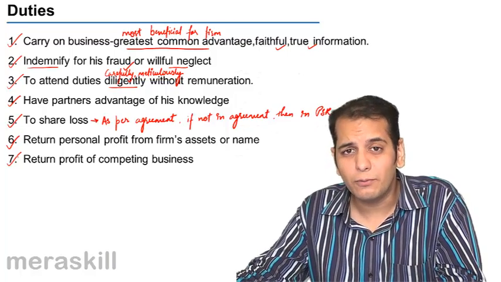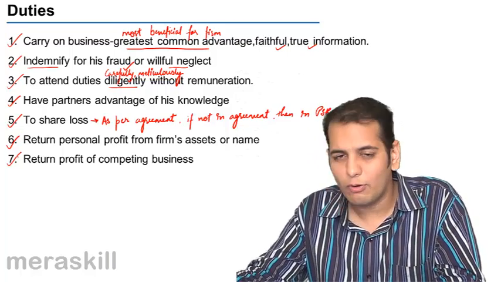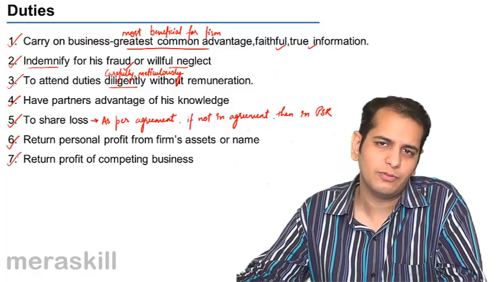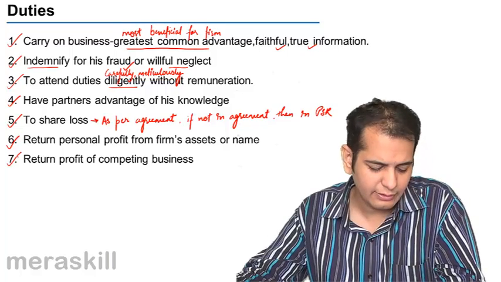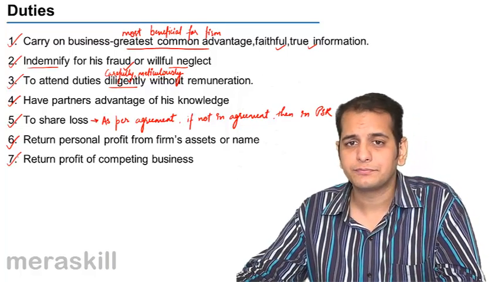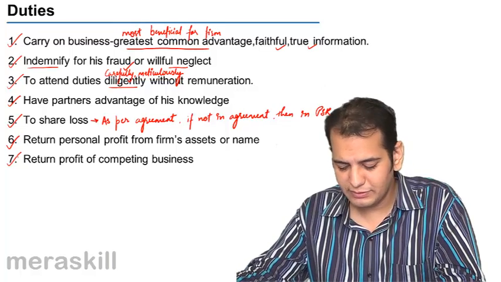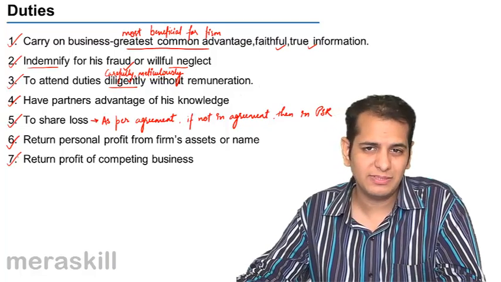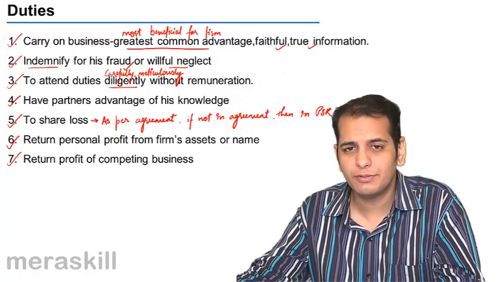And if he is doing both, he should give the profits that he is earning from the competing business to the firm. This is just like the sixth point, the above point. In the above point, we said if the partner is using the firm's name or assets and earning profits, he should give it to the firm.